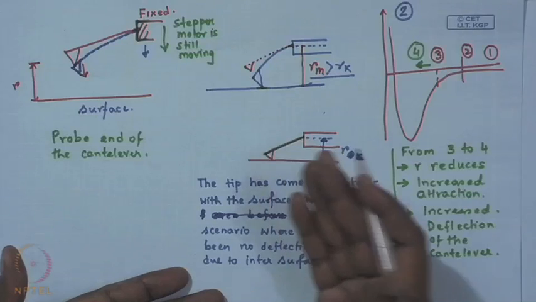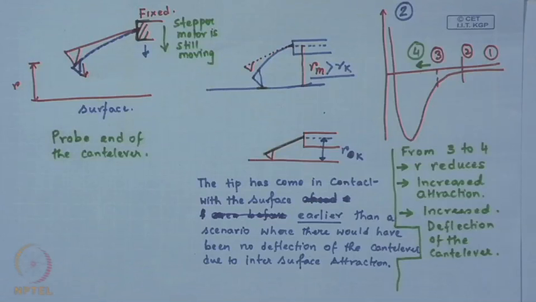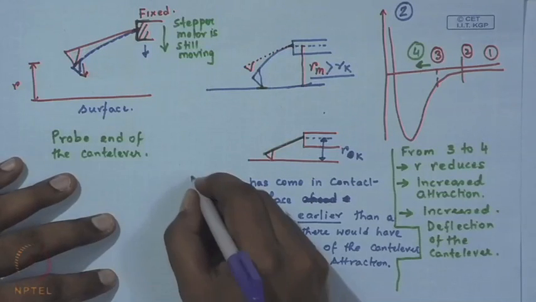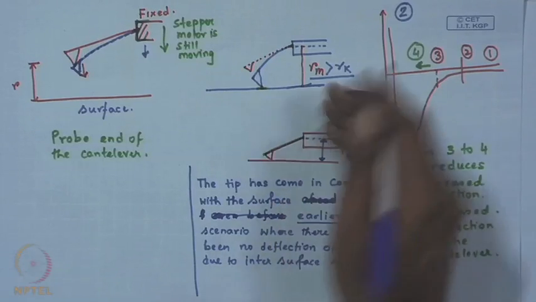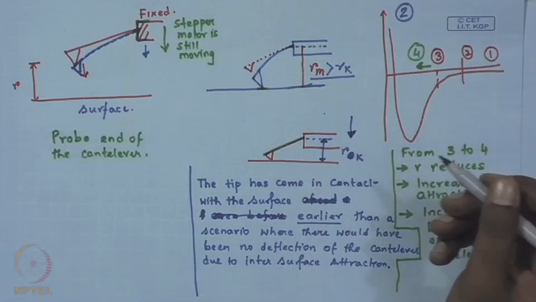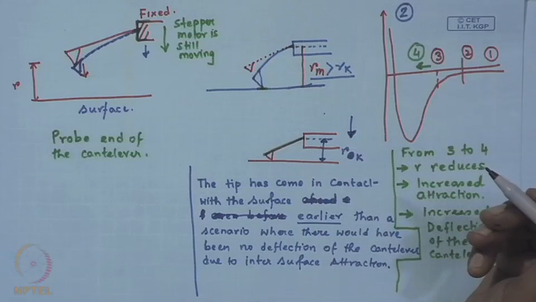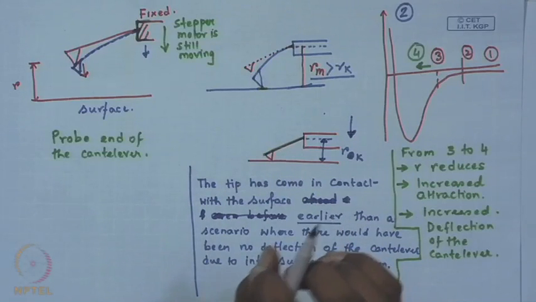But you can think about a cantilever which is very stiff, which does not deform to these forces. This is one of the things we had been repeatedly talking about in the previous class, the choice of the cantilever material. So, suppose you take a cantilever which does not deform, and then you trigger this motion of the stepper motor, anyway that will come in contact with the surface. It is not that it will not come in contact.